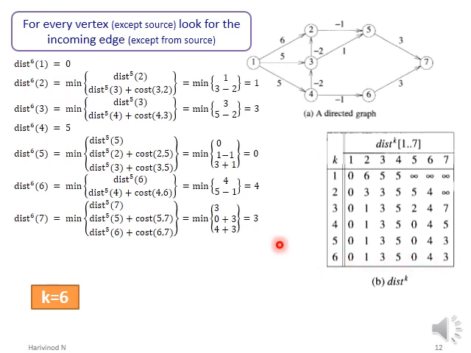It means from the source vertex 1, the shortest path to 1 has distance 0, to 2 it is 1, to 3 the shortest path is length 3, to 4 the shortest path distance is 5, to 5 it is 0, to 6 it is 4, and to 7 it is 3.